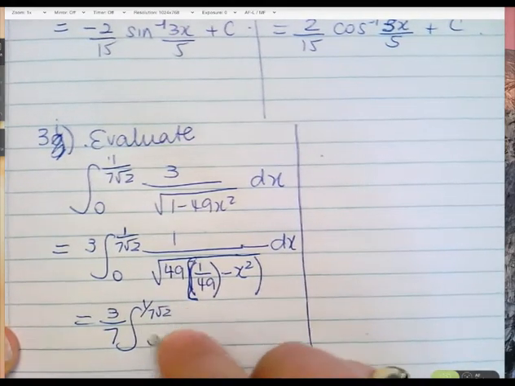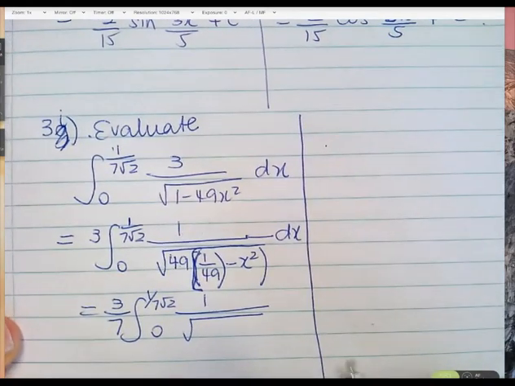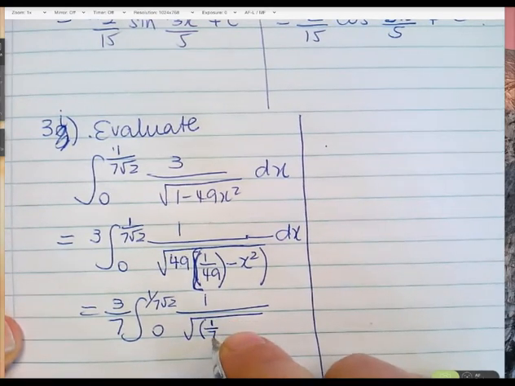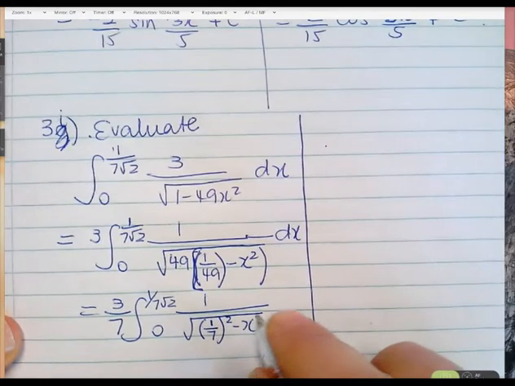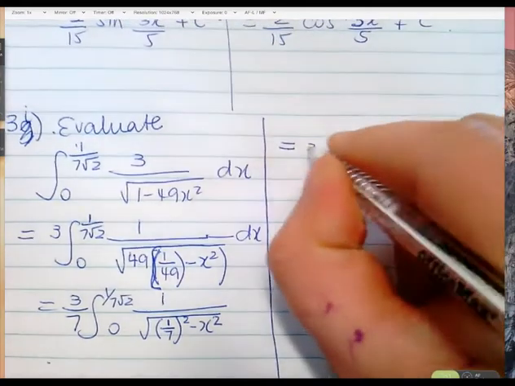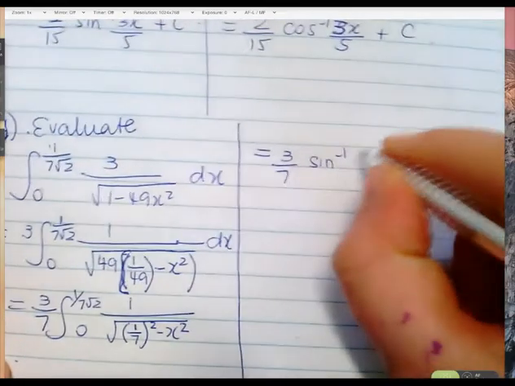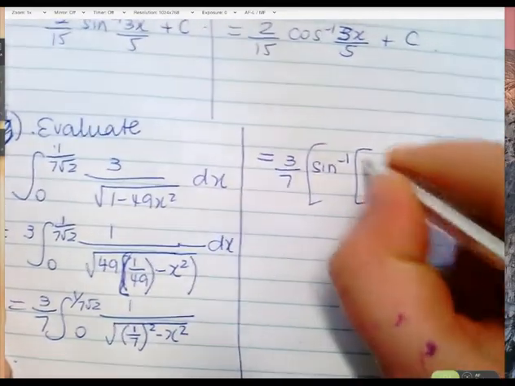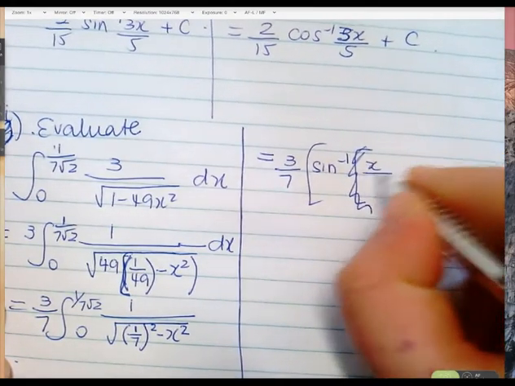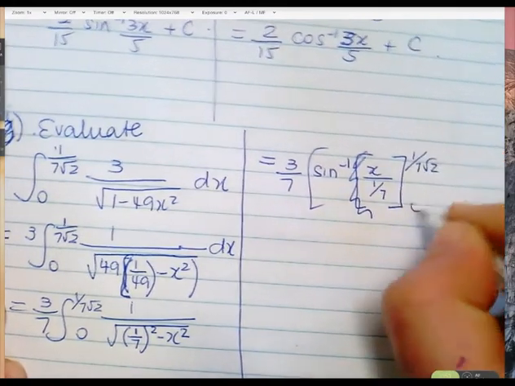1 over 7 root 2, 0. 1 over the square root of what? How are you going to make that look? 1 on 49 is what? 1 on 7 squared minus x squared, which is now 3 on 7 inverse sine of x divided by 1/7, plus c, 1 on 7 root 2, 0.